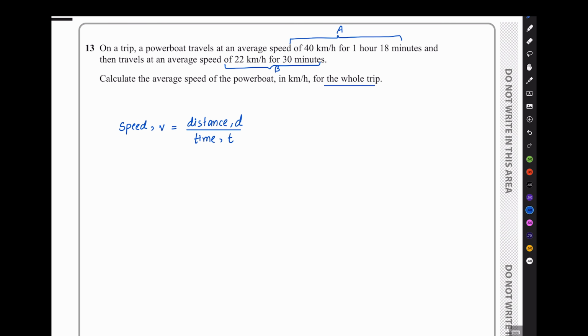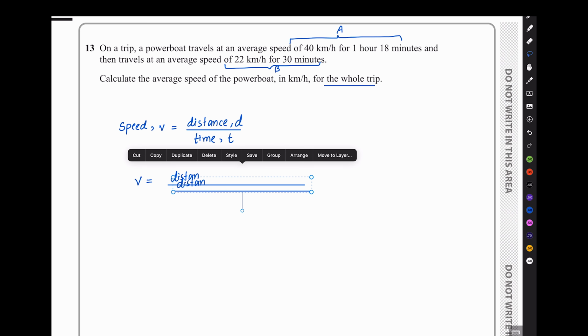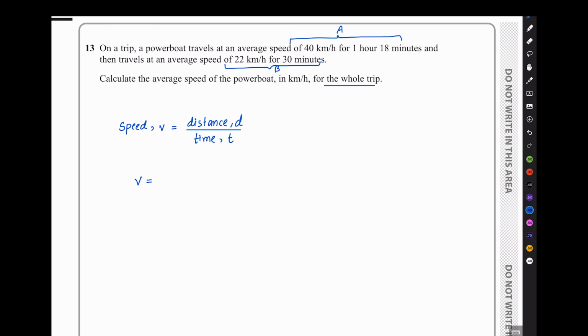We need to find the average speed, so the formula is: distance traveled in part A plus distance traveled in part B, divided by time needed to travel in part A plus time needed in part B. The total distance dA plus dB and the total time TA plus TB. So this is the formula for the average speed.